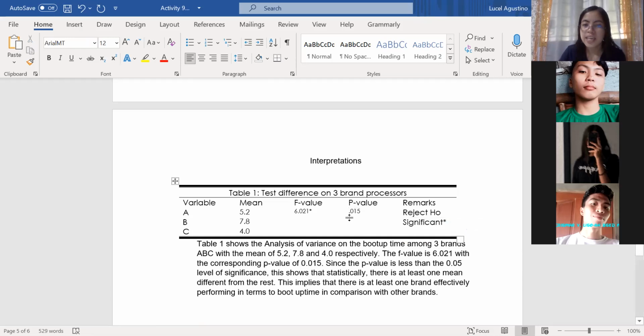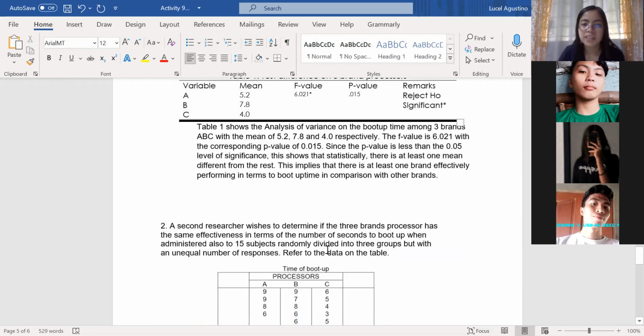In this case, since 0.01 is less than the 0.05 alpha or level of significance, our remarks is reject H0. In other words, there is a significant difference. So, am I clear?